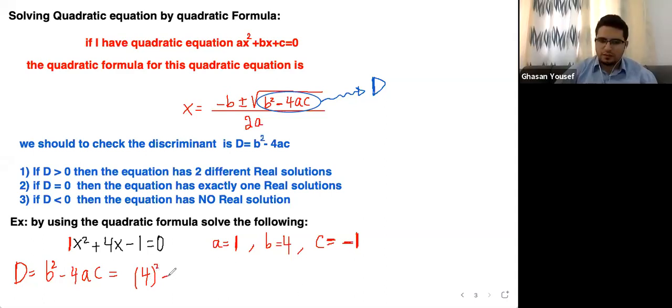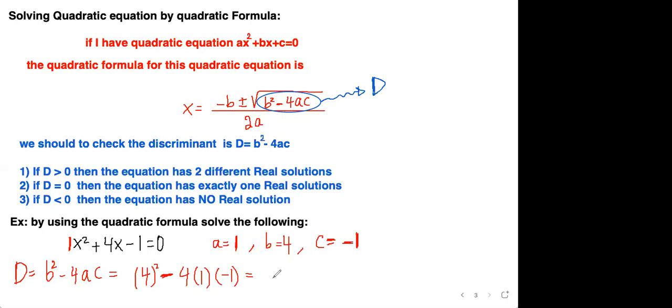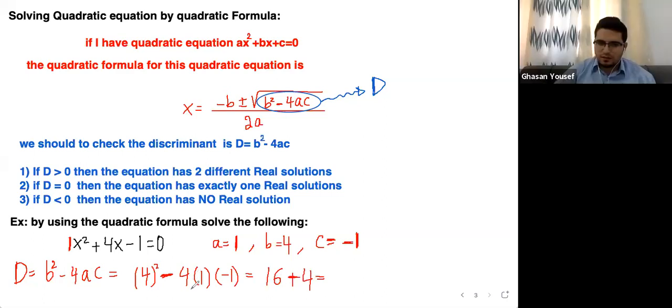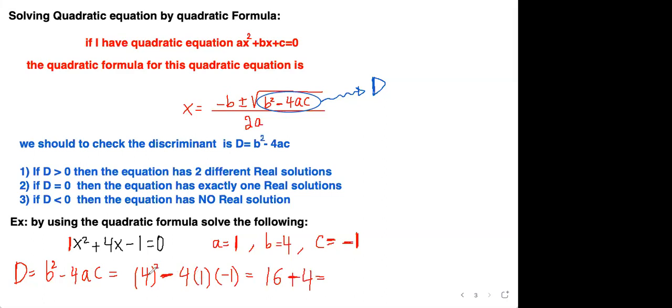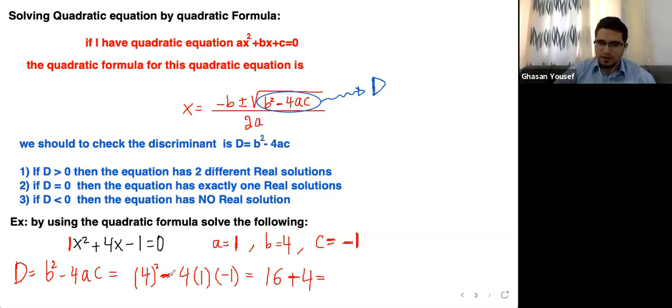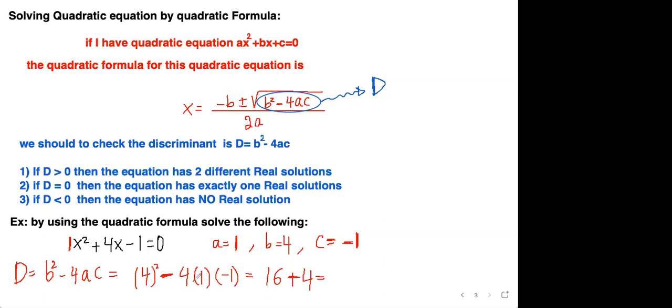And what do I get? 16 minus 4 is 12, times minus 1 is negative 12, isn't it?